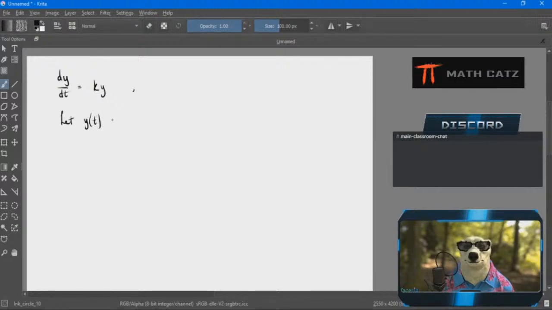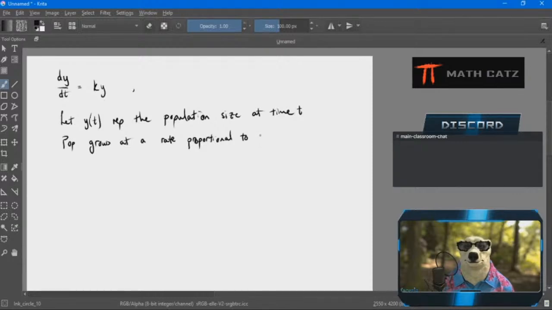Y represents the population size, the number of individuals in my population, be it bacteria or fruit flies or people, at a certain time t, and the population grows at a rate that is proportional to its size at that time. And I get this differential equation.